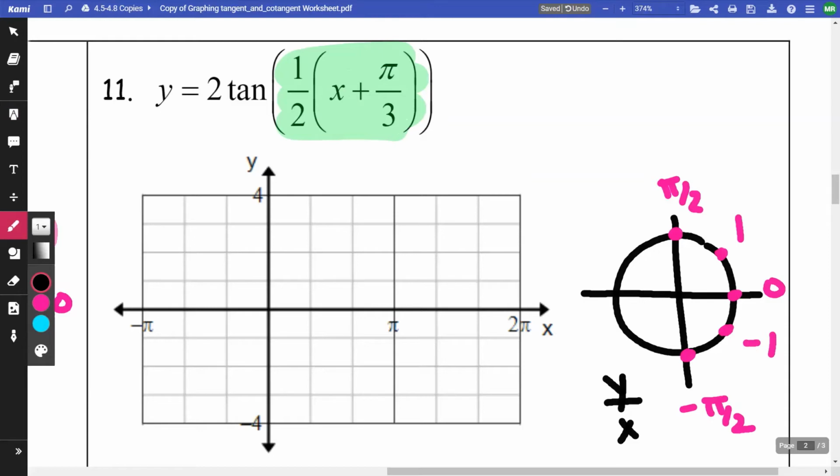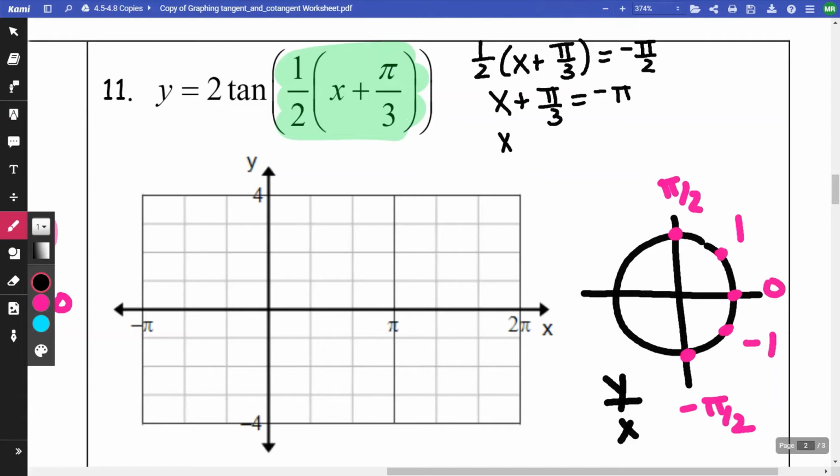So I am going to have 1/2 times x plus pi thirds is equal to a negative pi halves. So I am going to multiply by 2, and I'm going to get a negative pi. I am going to be minusing pi thirds, and I am going to end up with x is equal to a negative 4 pi thirds.